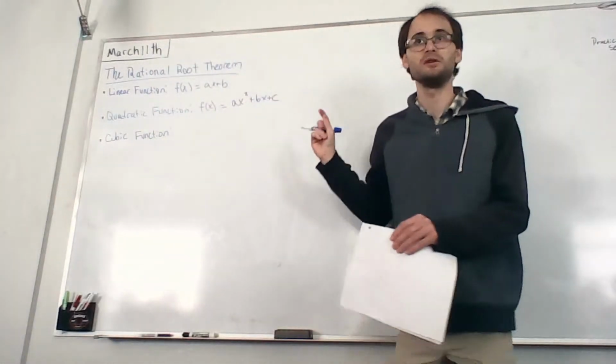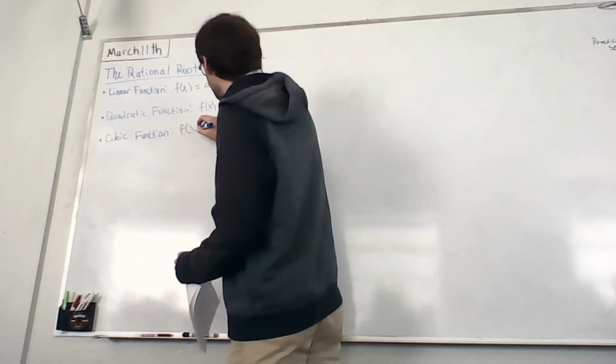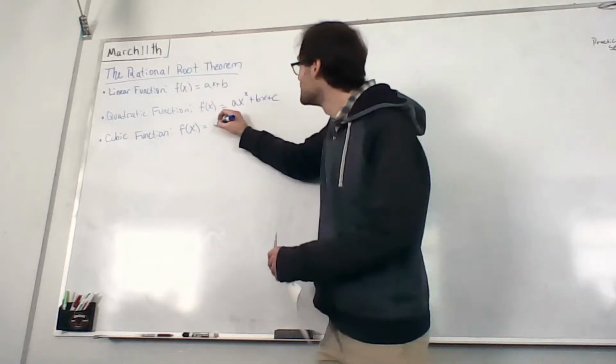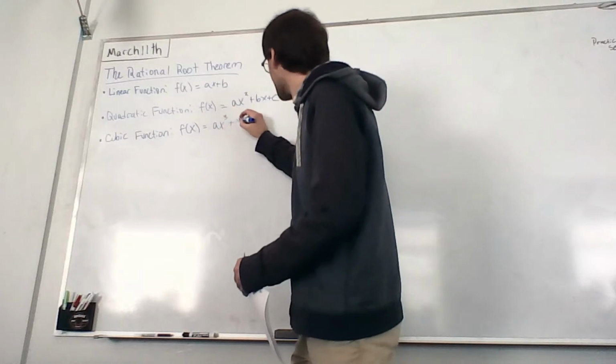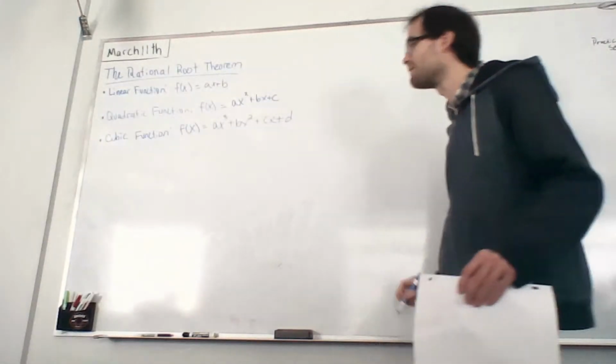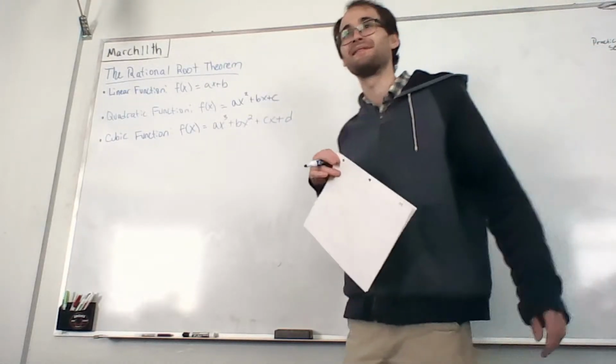This is any polynomial with an exponent of 3 as its highest. Its general form looks like so. ax to the third plus bx squared plus cx plus d. So it's just a quadratic with a cube added to it.